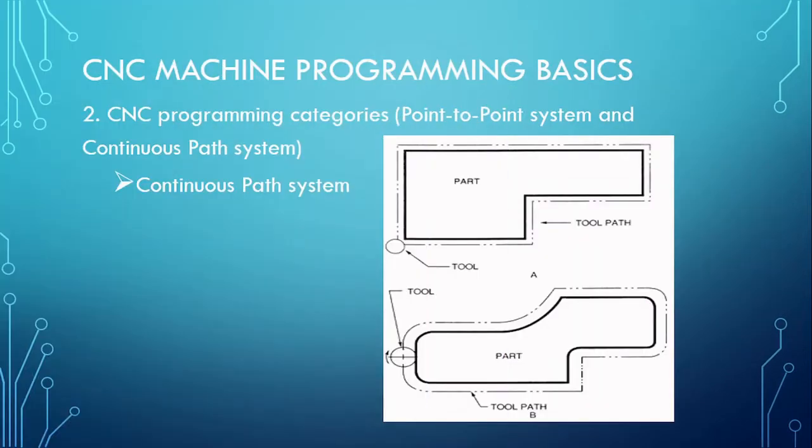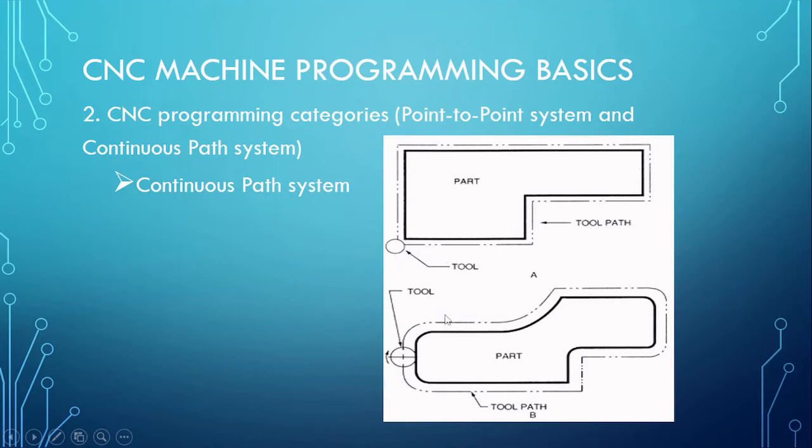So for the continuous path system of programming category, the tool is always in constant contact with the workpiece as it moves from one coordinate to the other, as you can see in the two parts that we show here. So this is the tool. The tool will go continuously in contact with the workpiece as it moves from one point to the other.